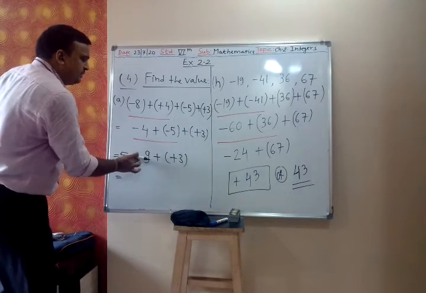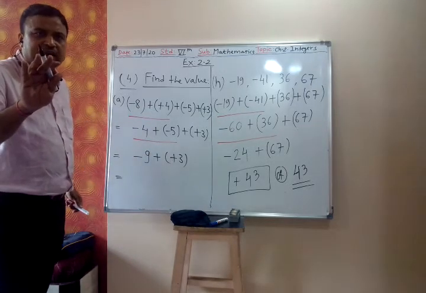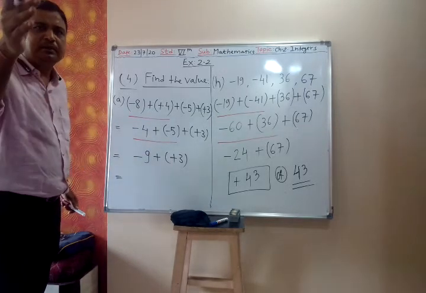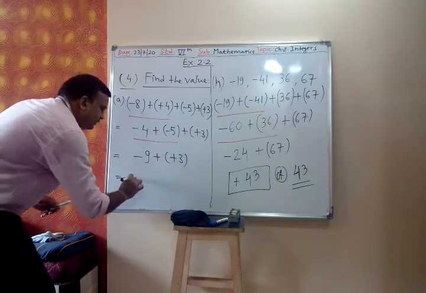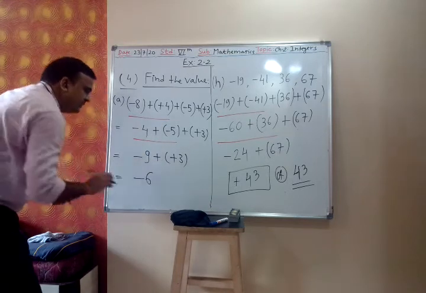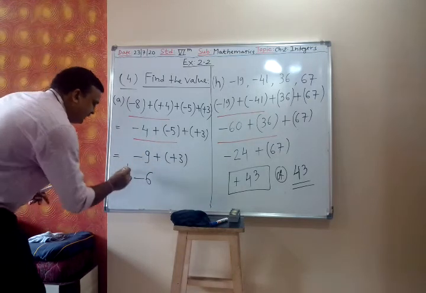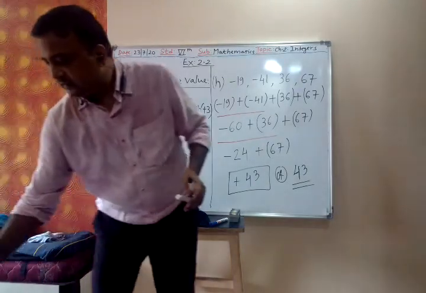Whenever they have opposite signs, we have to subtract the numbers and take the sign of the bigger number. The bigger number is 9. What is the sign of that? Minus. I will write minus, subtract the numbers. 9 minus 3 is 6. The answer is minus 6.